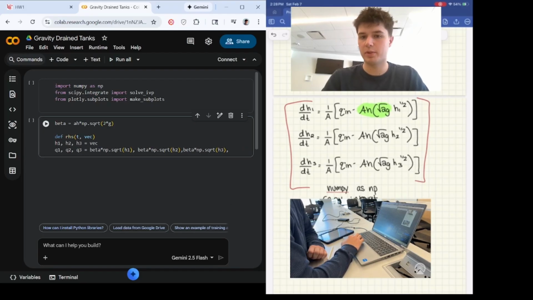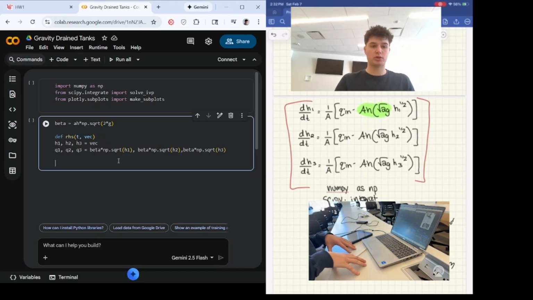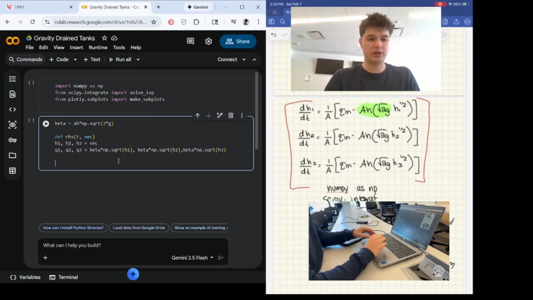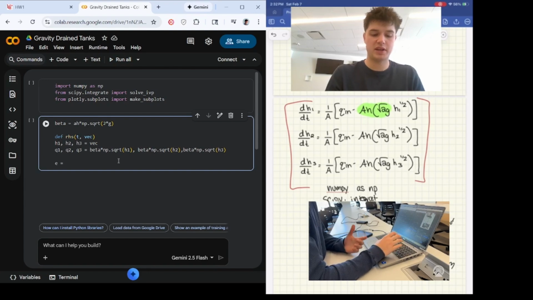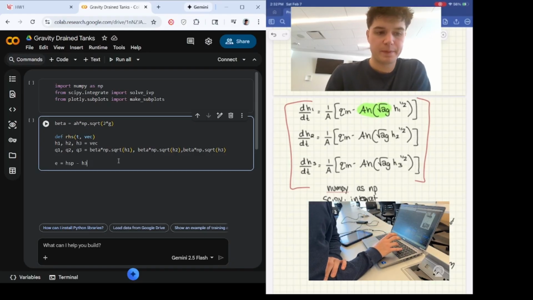Now we have set up our code in more of a step-by-step format, so we're able to move on to the next step. So now we will start to step into the proportional controller. This is actually going to run on an error value. The error value we will set as E. We're going to set that equal to the height starting point minus the final height, which we would have as H3.